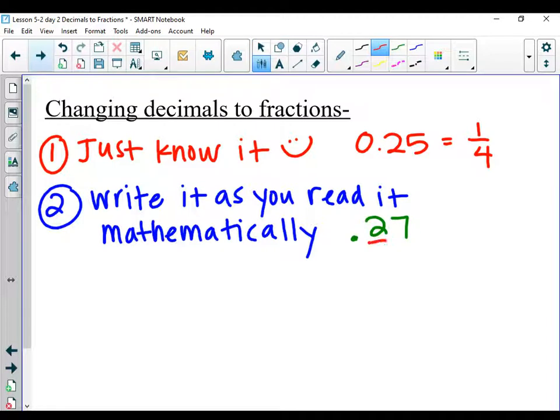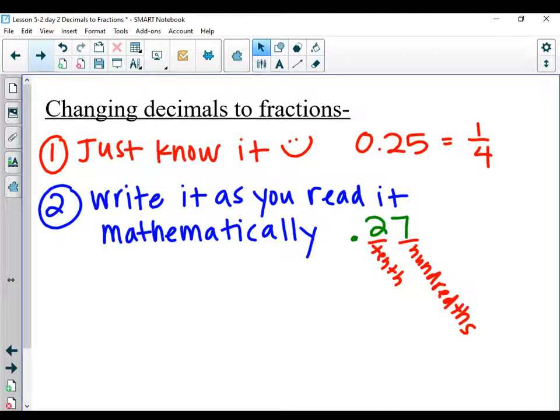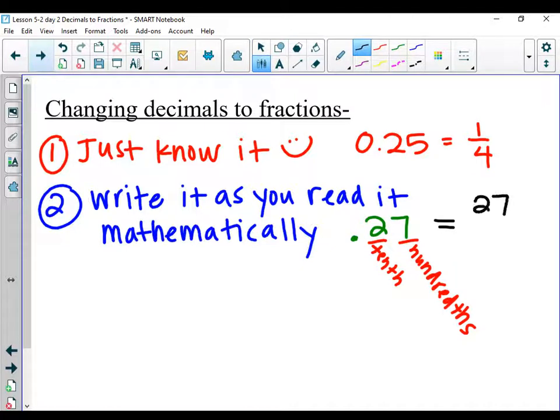But if I was going to read it mathematically, I should not say 0.27, I should say 27 hundredths. 27 hundredths.